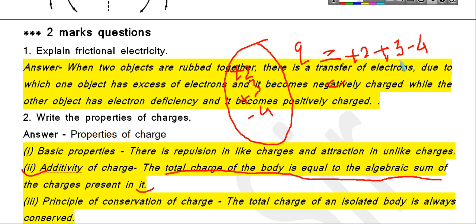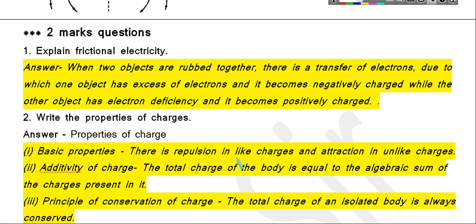When 2 is added to 3, it is 5, and when 4 is subtracted, the charge on this body is 1 unit or 1 coulomb. This is known as additivity of charge.